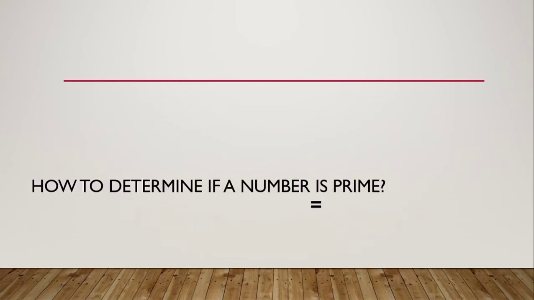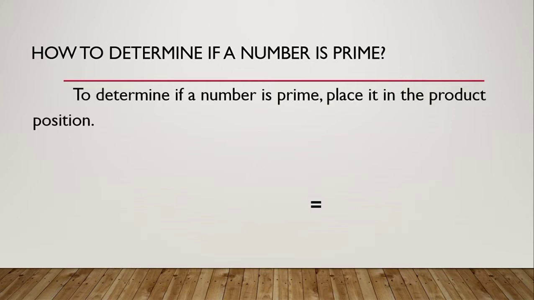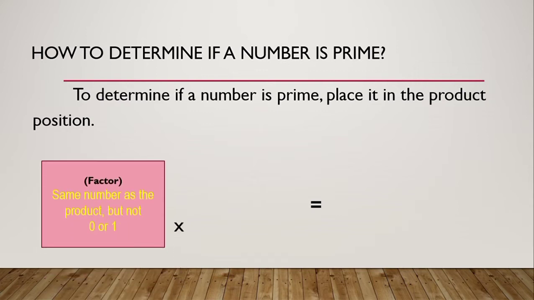Okay, so how do we determine if a number is prime? To determine if a number is prime, place it in the product position. When you use the product position, you're going to have this diagram.